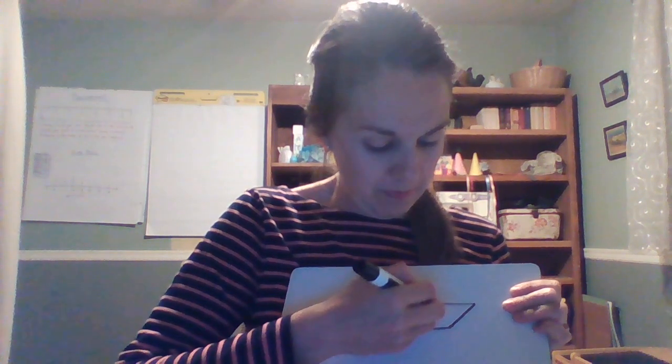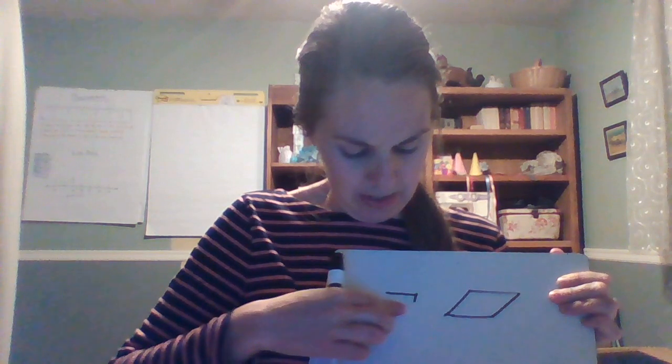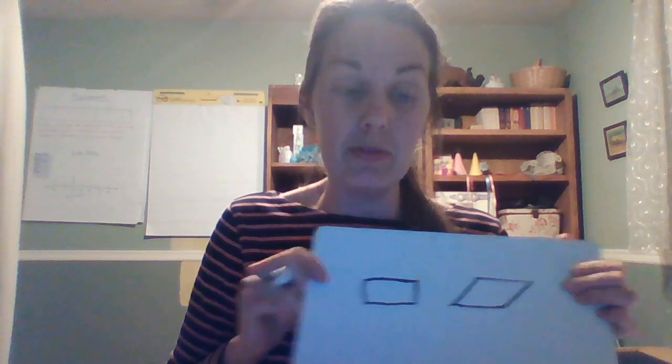So every property of rectangles also a property of parallelograms? No, because parallelograms can look like this, and one of the properties of rectangles is that it needs to have 4 right angles. Okay.